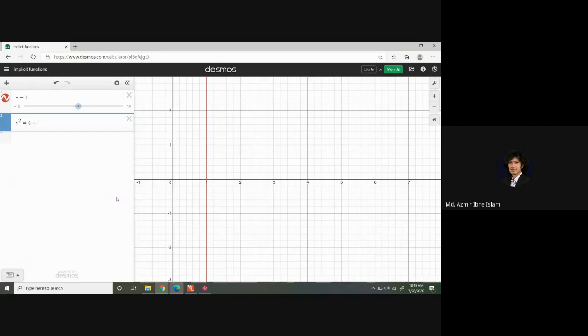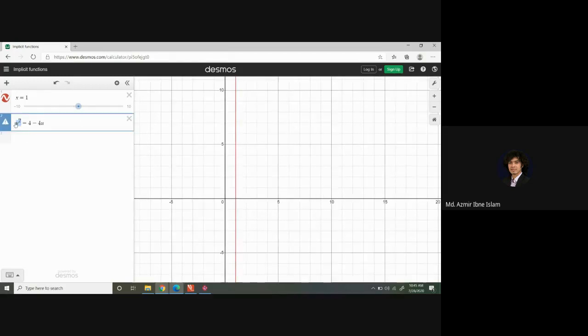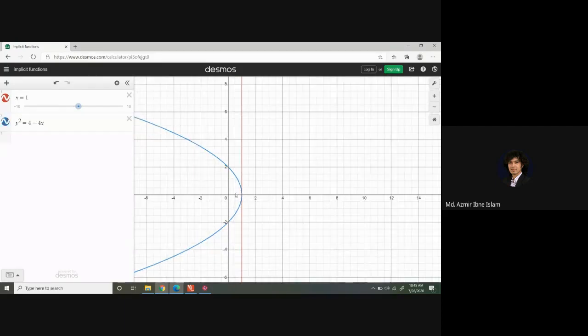So you can see that we have the figure. But if we use uv, Desmos will not give you the figure. See, we don't have the figure. There is an error. So just for the graph, if you are using Desmos, then you have to use xy.